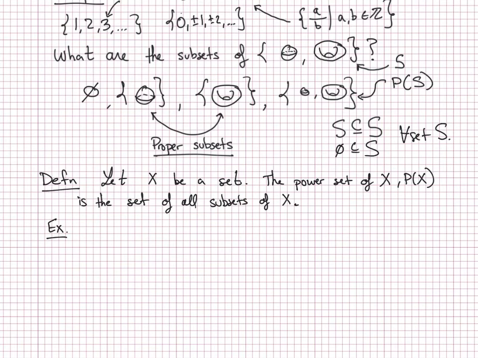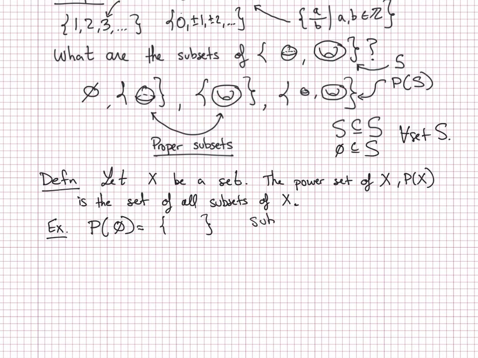So please think about this before I tell you the answer. What is the power set of the empty set? Okay, I'm going to pause. Right, so let's work this out. First, the power set is a set, and the elements of that set are the subsets of the empty set. So I'm going to write it here, just the brackets first.